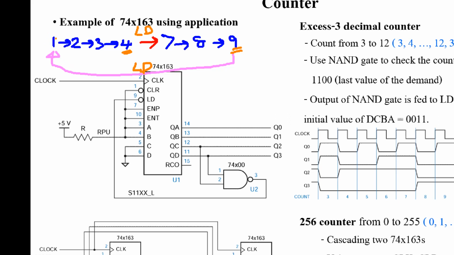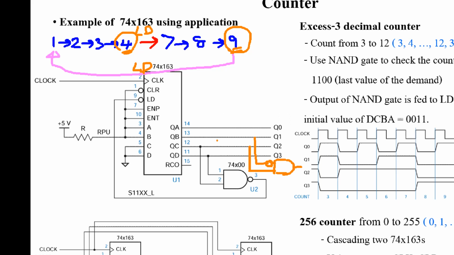Okay, that means you must use load for the state of 4 and/or the state of 9. So you just check, right? For 4 you just check this bit is 1, this bit is 0, active low. You check 4. If yes, this output will be 1.